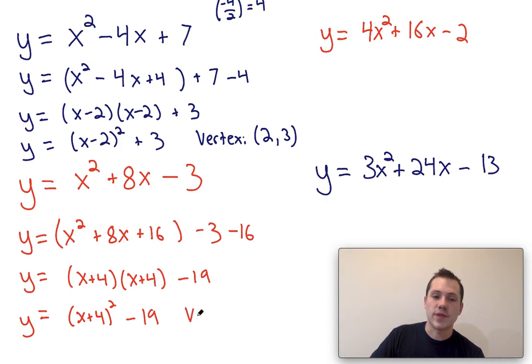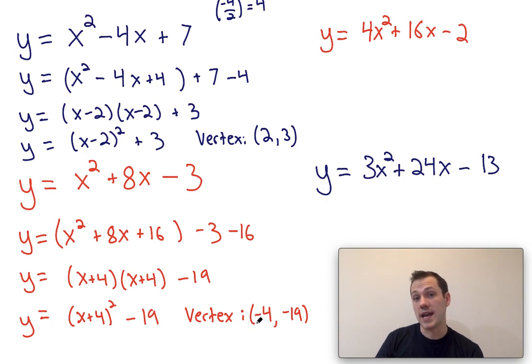So the vertex for this would be (negative 4, negative 19). Once again, it's the opposite sign of what's with the x. It was plus 4 here, so we put a negative 4. But it's the same sign as what's out here, so negative 19 stays negative 19.